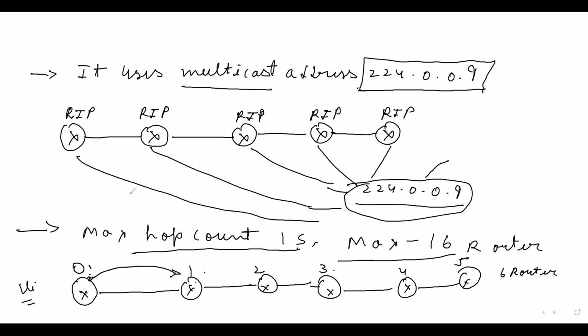So that is the difference between maximum hop count and maximum routers. So you can use 16 routers in RIP version 2.